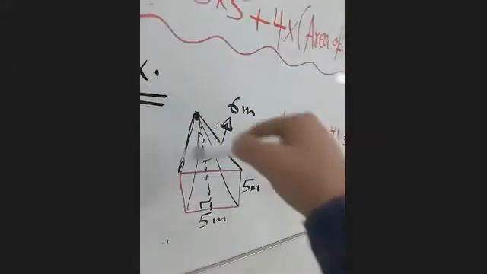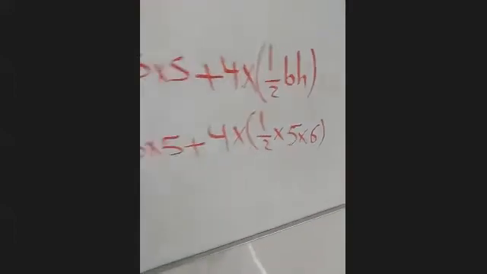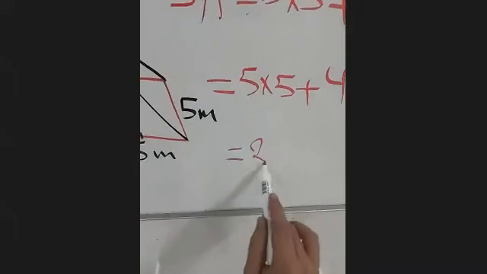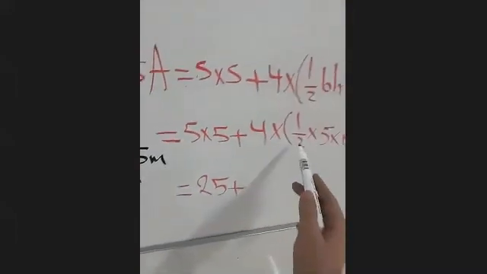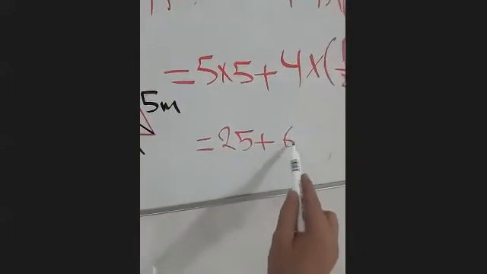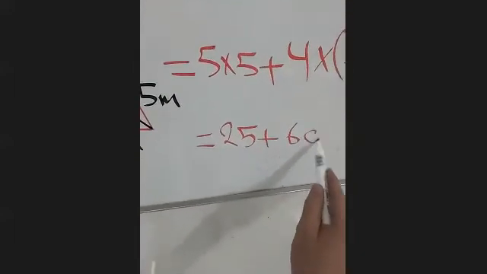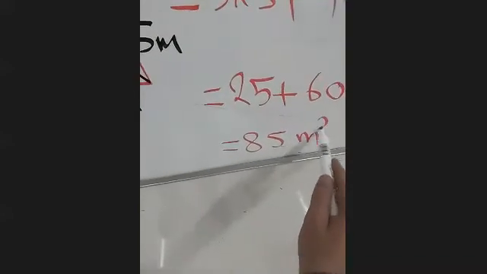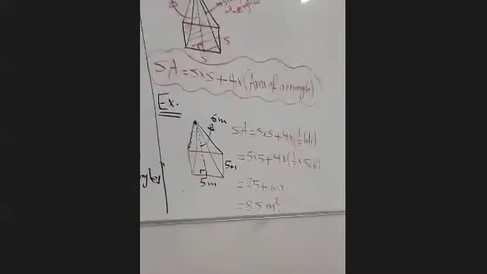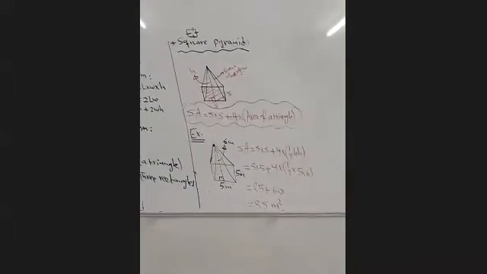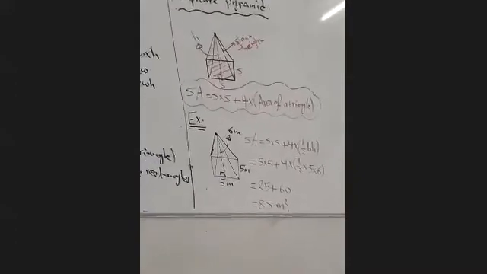And this height for all the triangles is the same. Equal, calculate. Here 25 plus 60. Equal 85 meter power 2. This is how we find the surface area of the square pyramid.